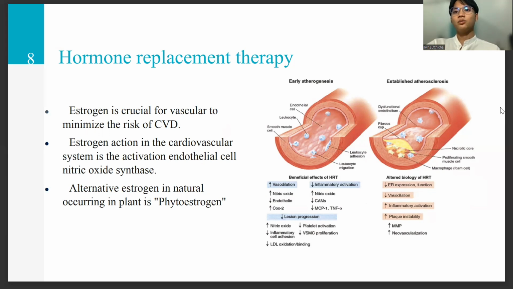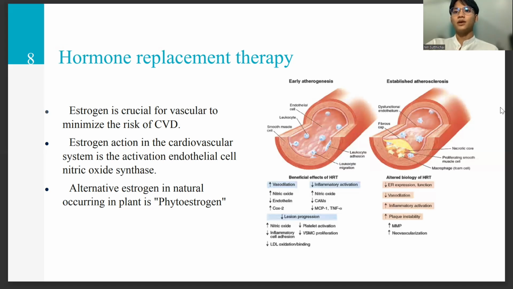The non-genomic pathway for estrogen's actions in the cardiovascular system is the activation of endothelial nitric oxide synthase that results in arterial vasodilatation in response to acute administration of estrogen.